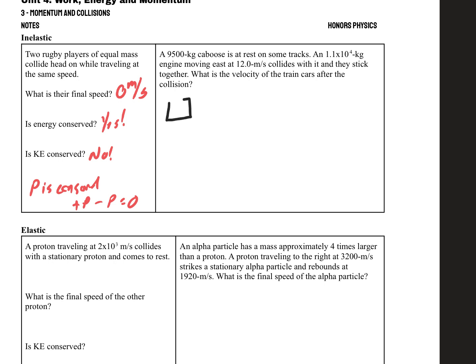I have one train doing this, and then I have this blue car, he's just sitting there, and then they end up sticking together. So once again, this is an example of an inelastic collision. This thing has some initial velocity. The blue thing has a 0 initial velocity.